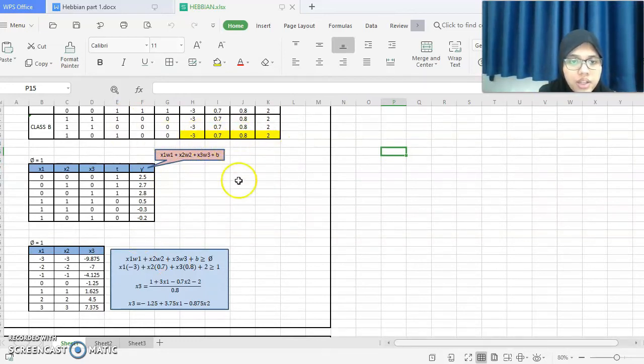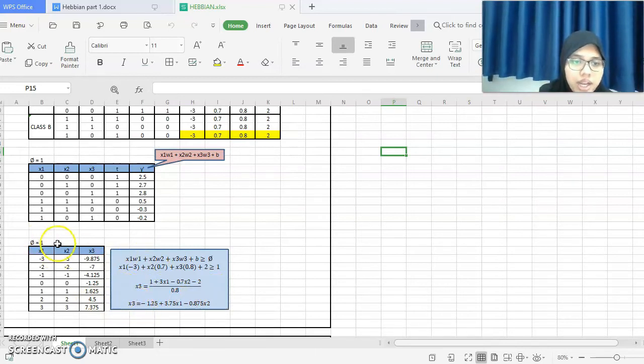So we will insert the values into this equation, and we will get x3 equals negative 1.25 plus 3.75 x1 minus 0.875 x2. From this equation, we will determine the value of x3.